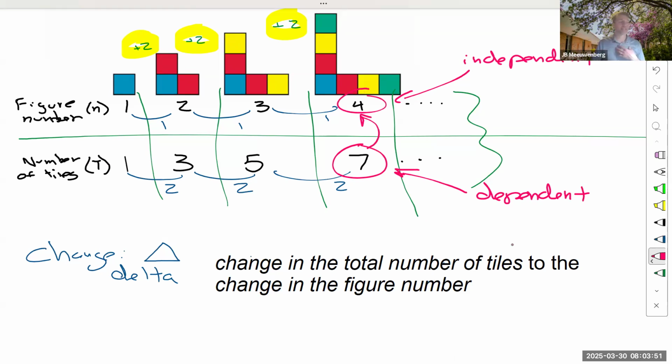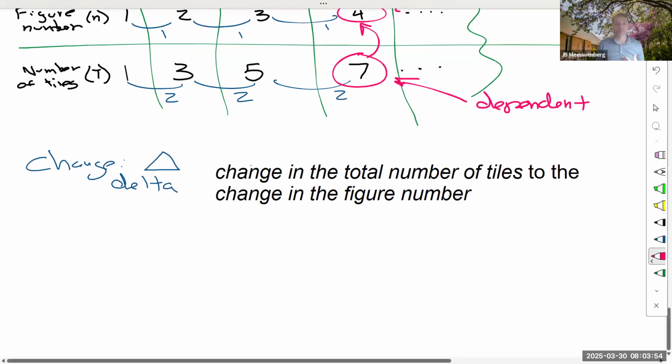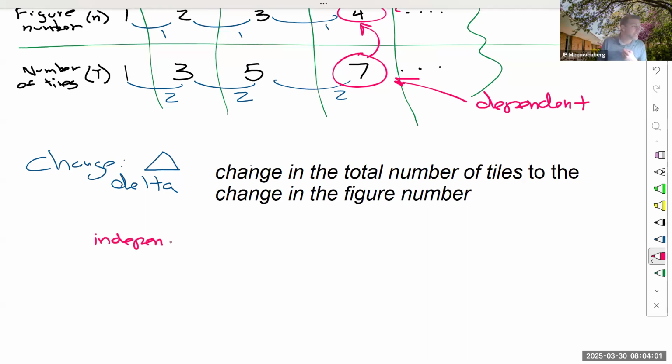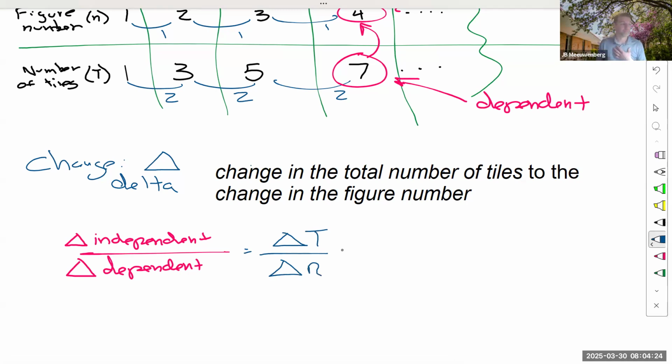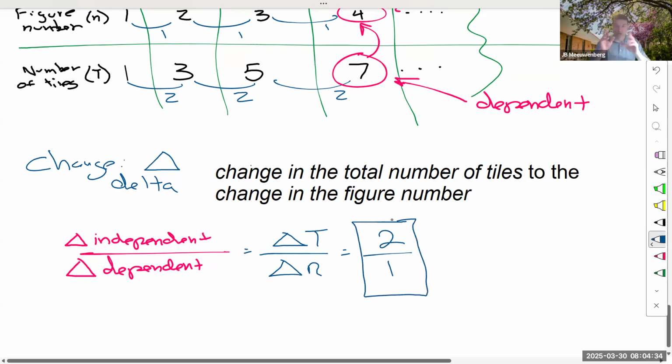And so when we state our change, our ratio, we always compare the independent variable to the dependent variable. In this situation, that is comparing the change in tiles to the change in figure number, which is a ratio of 2 to 1. So this introduces the idea of what we're going to call slope, okay?